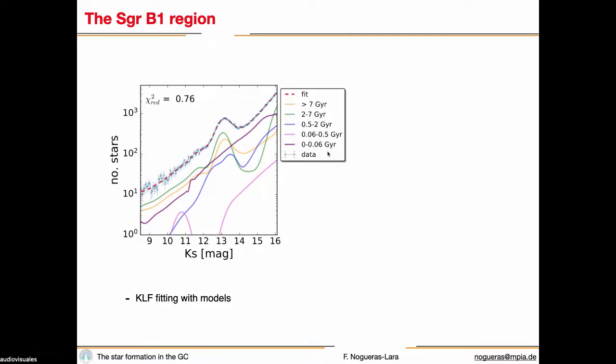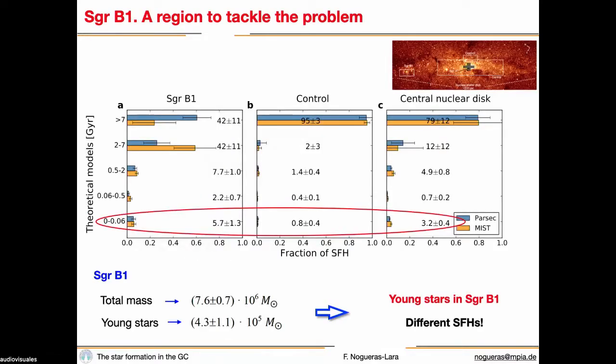For this, we used 14 different theoretical models, a linear combination of them, and Monte Carlo simulation in order to take into account the uncertainties of the process. And in this range between 0 and 60 million years, we had 4 different models, 5, 10, 20, and 40 million years, just to know whether we had some contribution of that. And this is the result. We applied the same technique with the same models to 3 different regions.